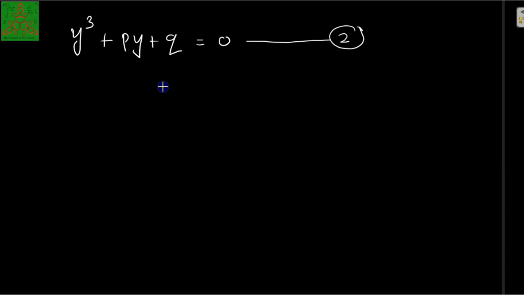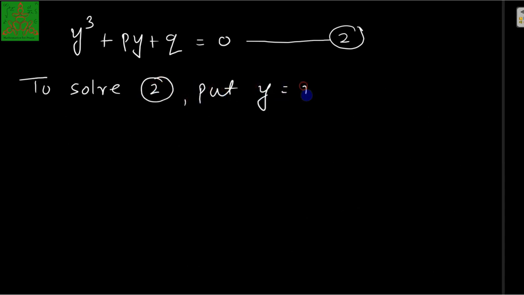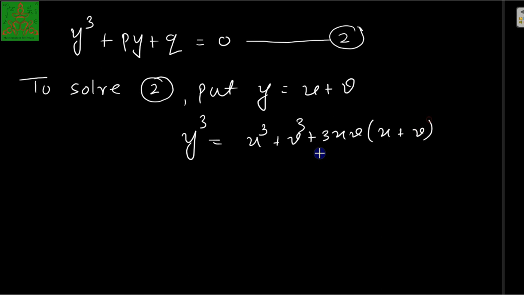So to solve equation 2, we put y is equal to u plus v. And if I take the cube of both sides, then according to the a plus b whole cube formula, we will have u cube plus v cube plus 3uv into u plus v.